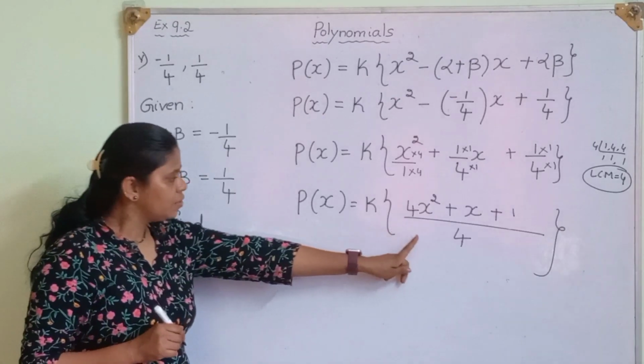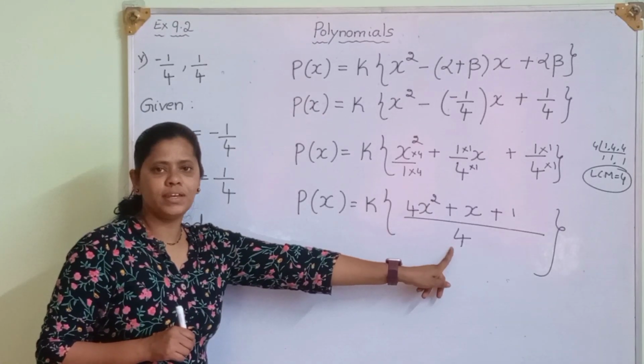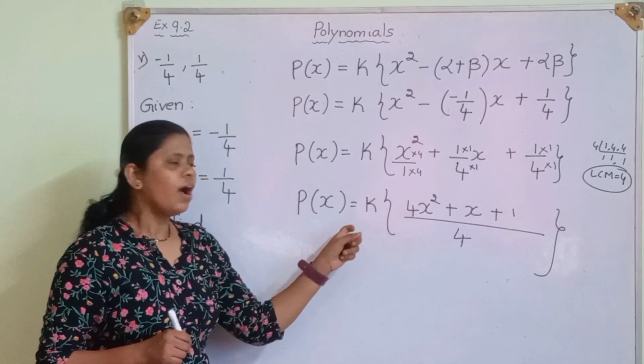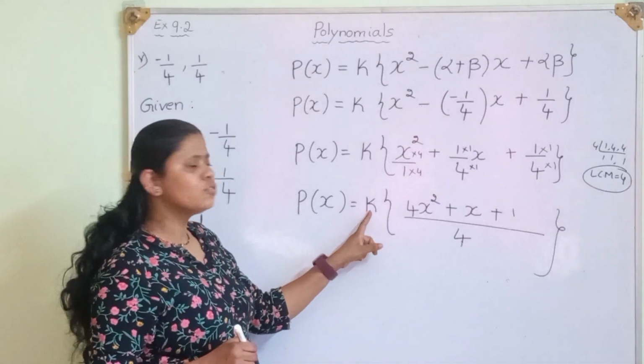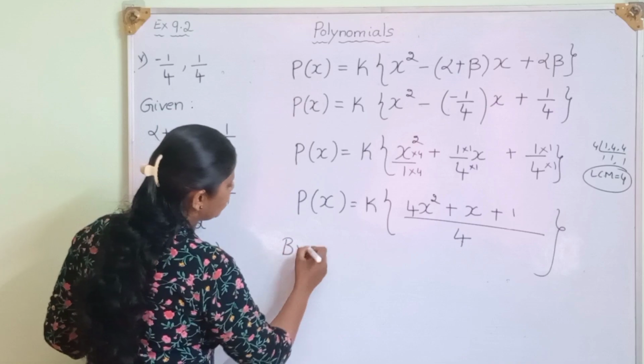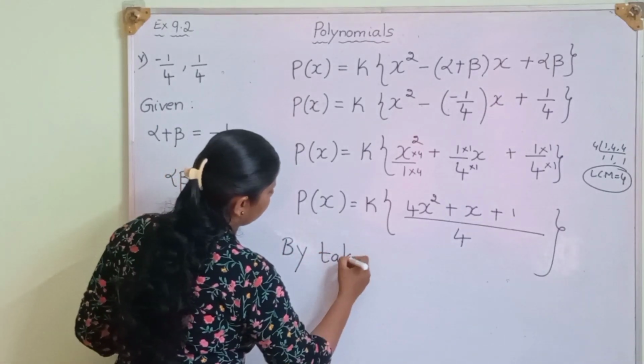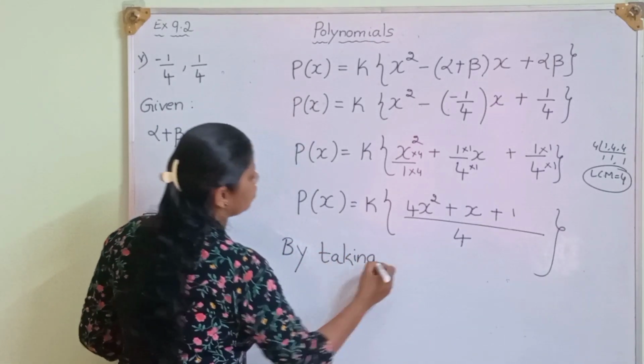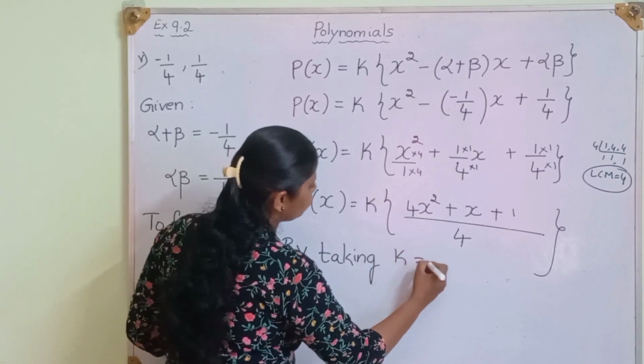Now look at this. We have 4 in the denominator, so I want to cancel this, by taking k is equal to 4.